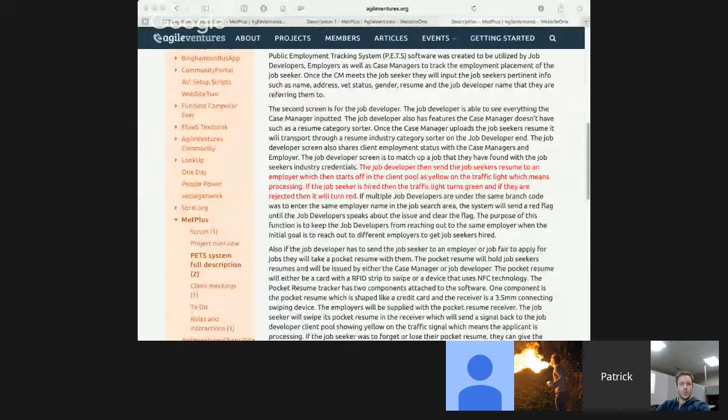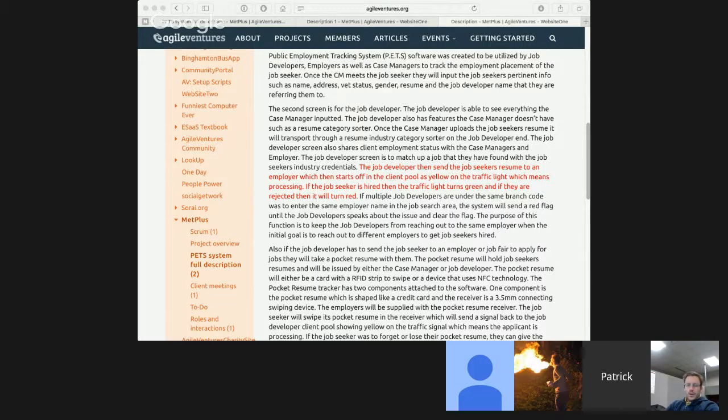Yep. So this is the second of the two documents that the client had given us. And here the stuff that I put in red font is something that we have partially represented. Basically, he wants to have an ability to see a job status, and it's yellow upon submission to an employer. It goes green if the employer hires the job seeker, and red otherwise. Now, it's not clear to me what the state changes are, who actually causes these state changes to occur.